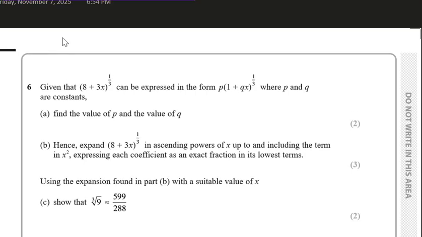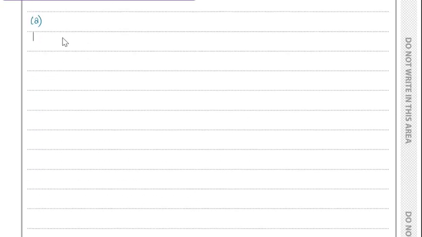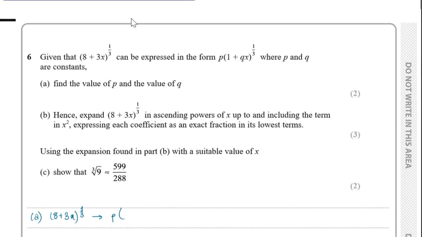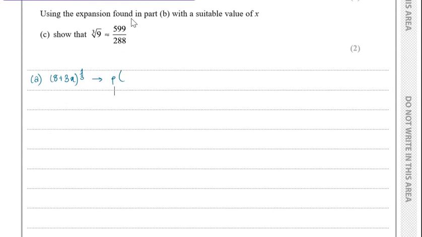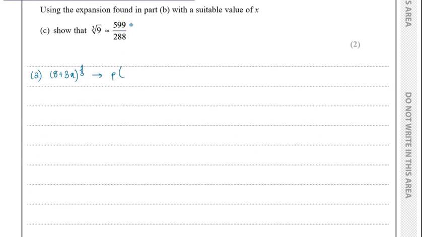For part A, they have given us an expression which is (8 + 3x)^(1/3). They have asked us to express it in this form: p(1 + qx)^(1/3).